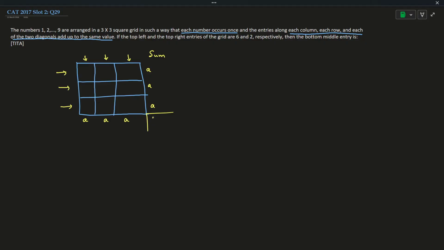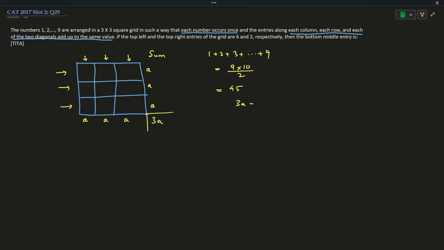The total sum will be 3a, and I have 1 plus 2 plus 3 plus dot dot dot till 9. This can be written as 9 into 10 by 2, n into n plus 1 by 2, the sum of the first n natural numbers. So this is 45.